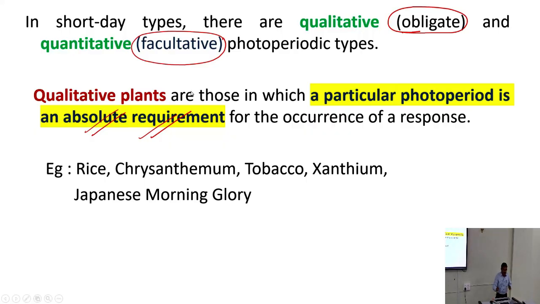That means it must be there. If it is not there, the plant is not going to respond and it is not going to flower. For example, you can take rice. Chrysanthemum is an example. Tobacco, xanthium, and Japanese morning glory are some of the plants which are examples of qualitative short day plants. Remember that if it is qualitative, it has that absolute requirement.